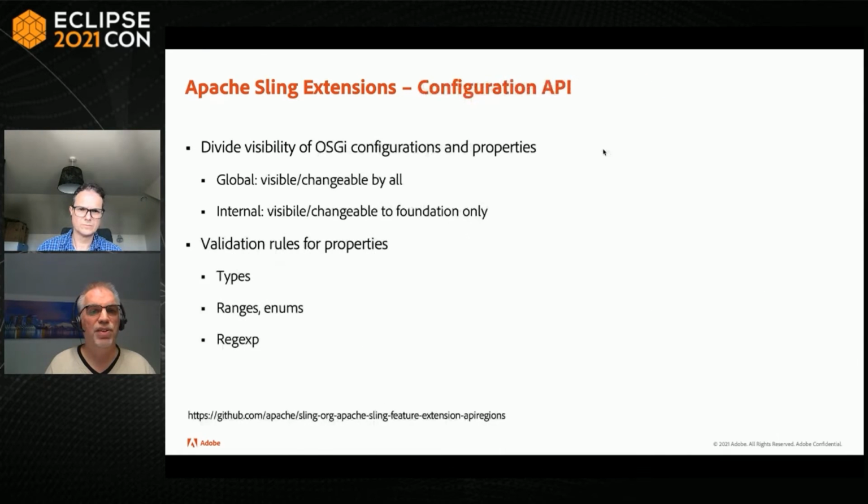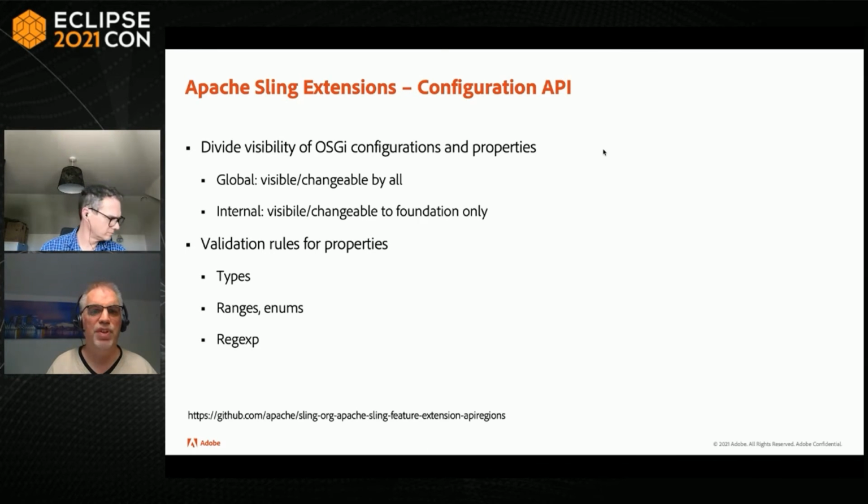The other thing, we did the same region trick for OSGi configurations, which might be interesting to some of you. So you can basically separate between internal configurations that are only used by, let's say, your framework, and global configurations that can be used and changed by applications on top of your framework.